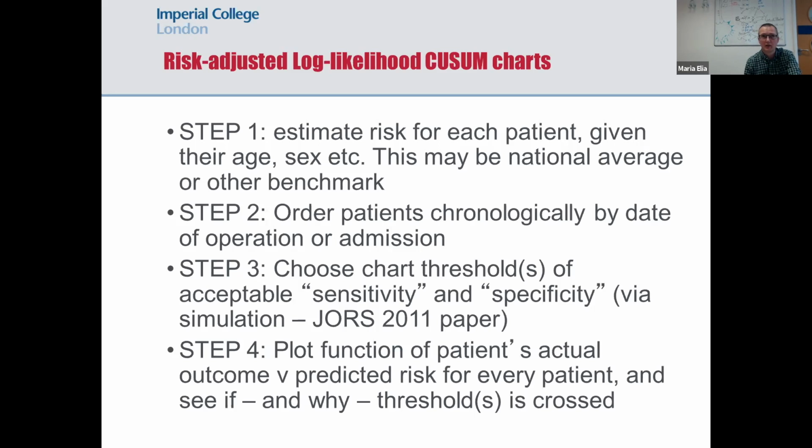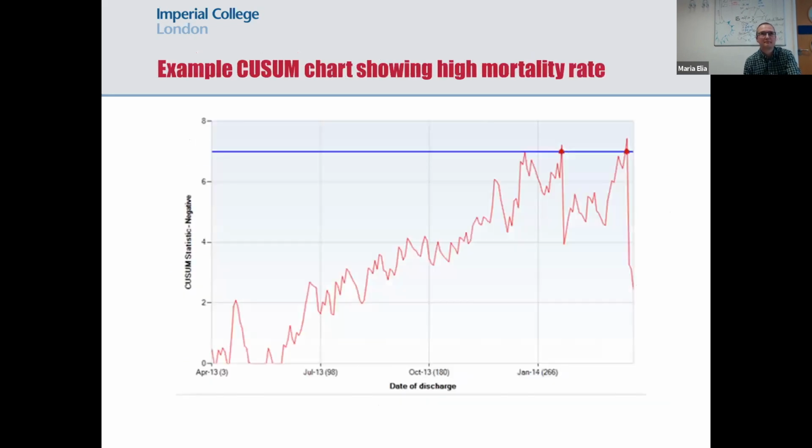I'll show you an example chart in a minute. And there's some maths behind that, which I won't bore you with, but you can read all about in another paper. And then you want to do the actual plot itself. You want to compare the actual outcomes, so whether the patient died or whether they survived, versus their predicted risk of death, and see why and when the threshold was crossed.